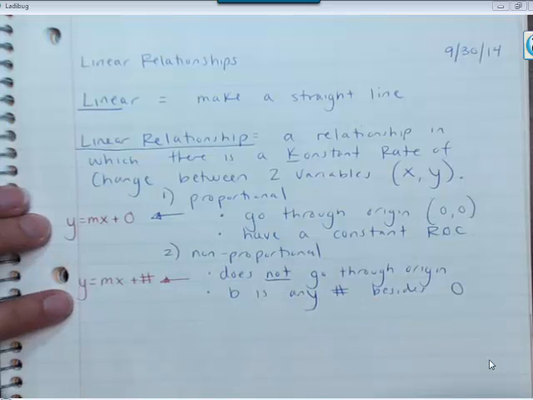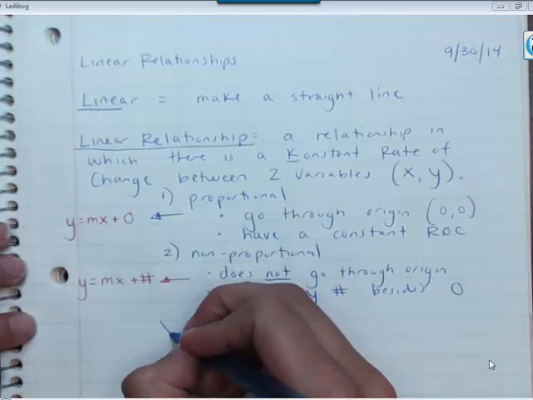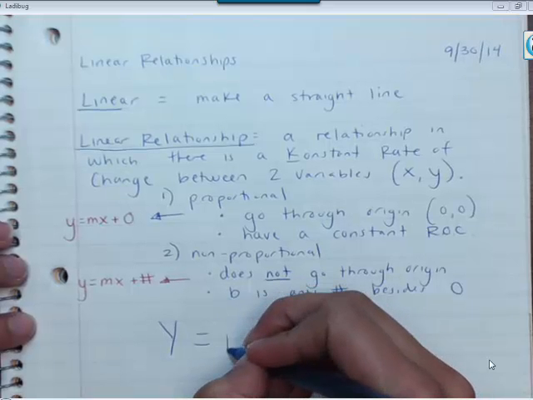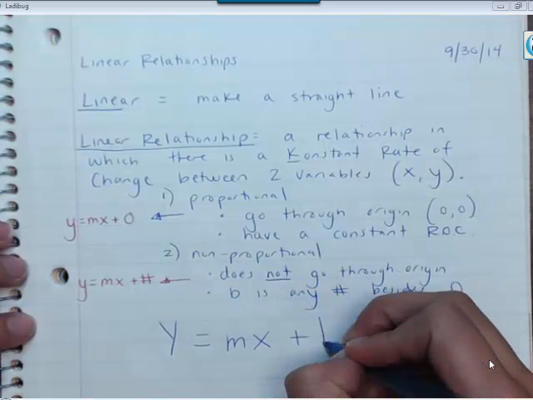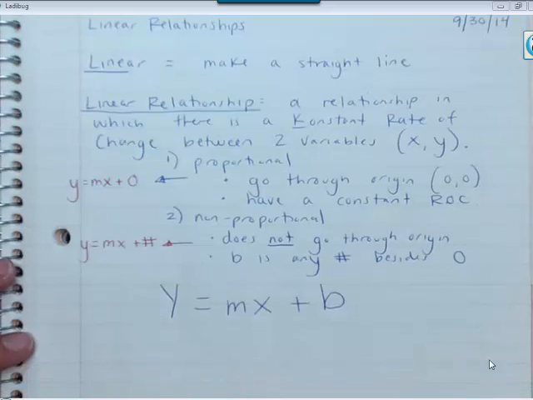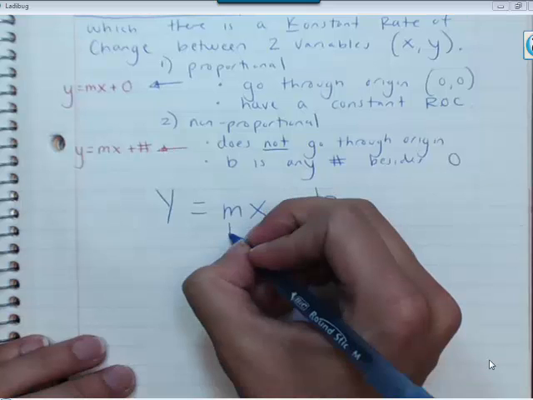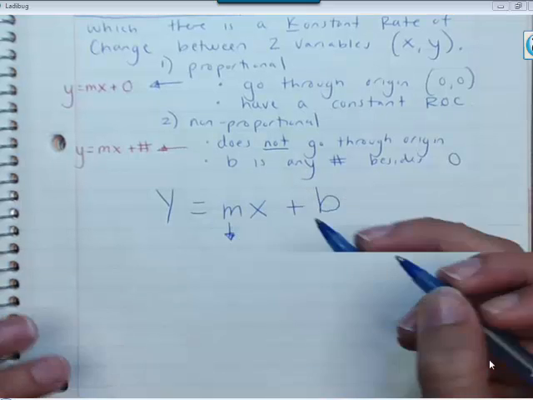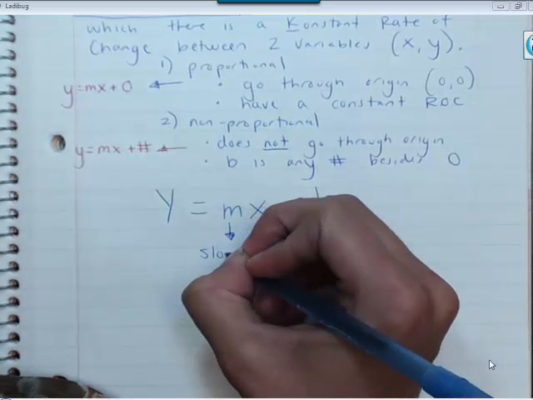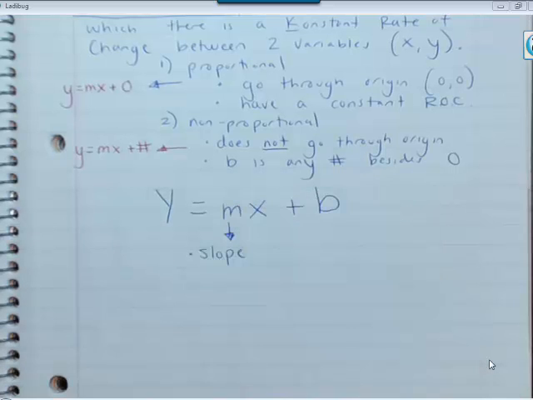Now remember that all linear relationships are written in this form, y equals mx plus b. The m represents a couple things. Mostly, we're going to recognize it as the slope from now on. Slope from a graph we can figure out by doing rise over run, or y2 minus y1 over x2 minus x1.